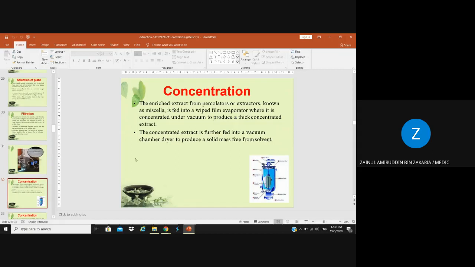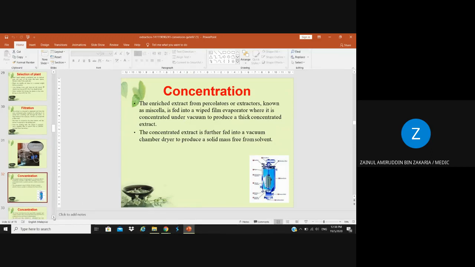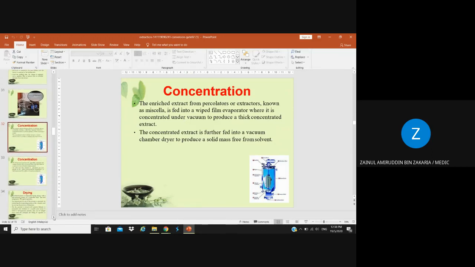So concentration, you need to concentrate your sample using a rotary evaporator, or you also can use a chamber dryer to concentrate until you get a very solid dried extract.